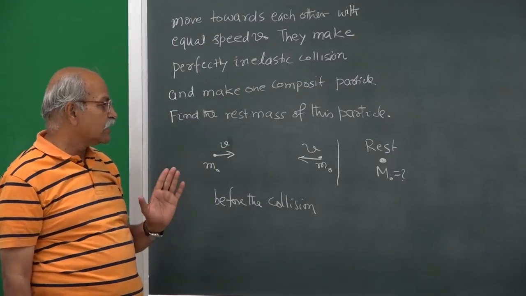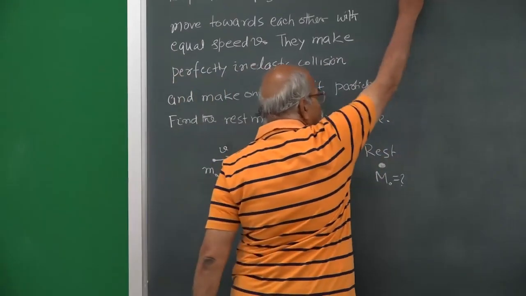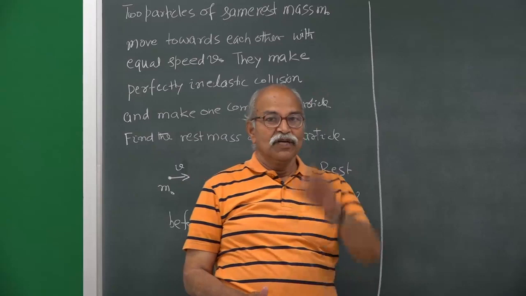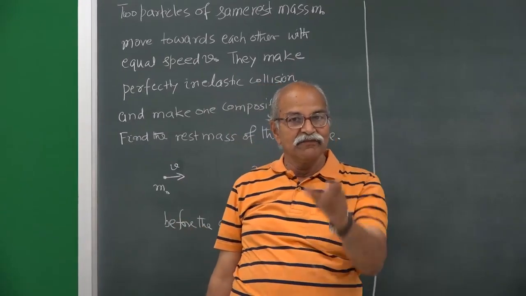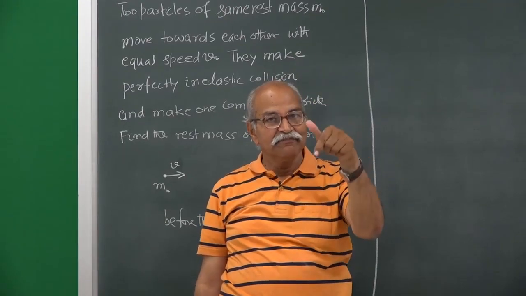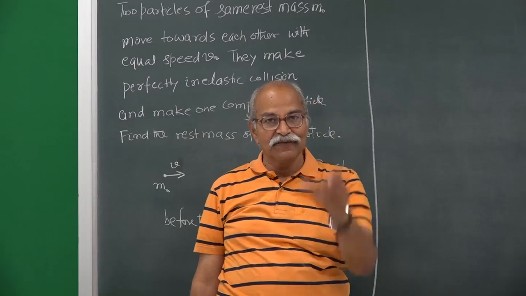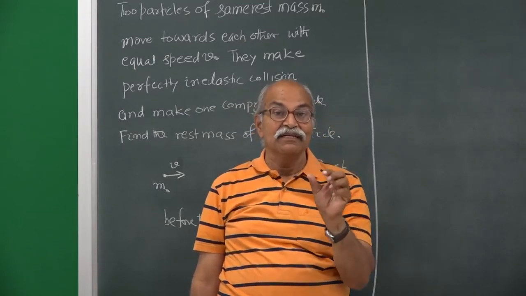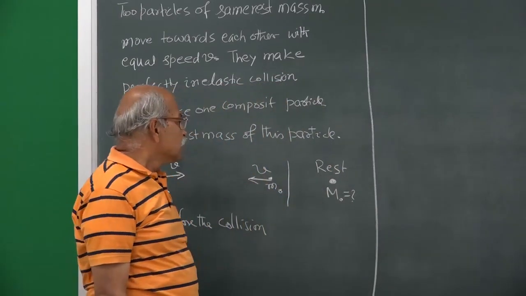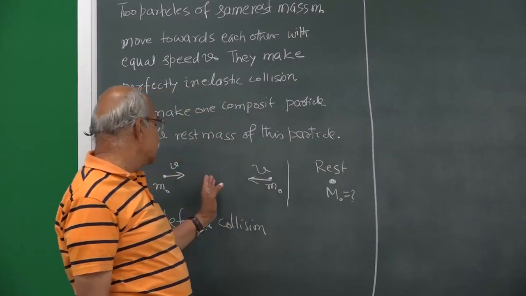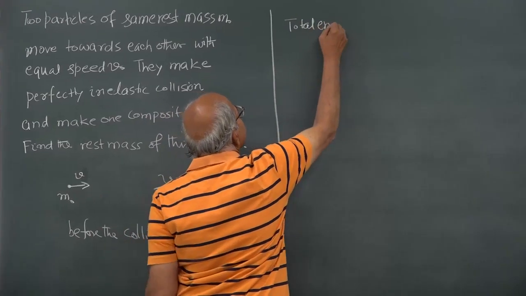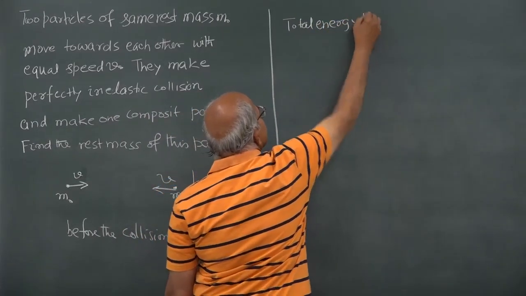And now, let us make energy conservation. Which energy? Total energy. You have energy and momentum as one 4 vector: E by c and then Px, Py, Pz. They are separately conserved if no external forces act on the system. So total energy should be conserved, and here you can write the total energy before the collision.